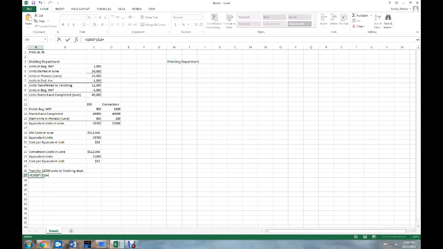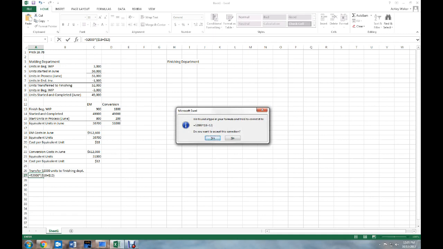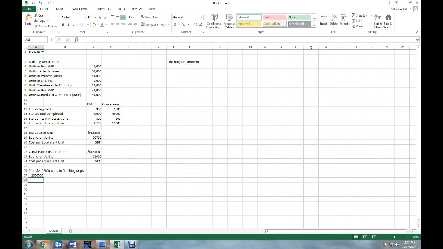We'll do it in 2 steps. We know that those had conversion costs, $12 worth. So those two together are total $30 in costs times 52,000 units. Oops, there's a typo in my formula. It happens. So $1,560,000.